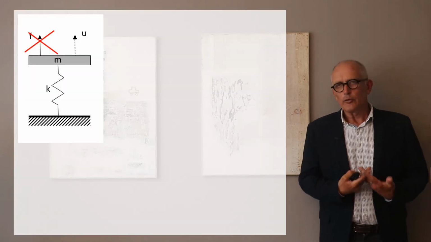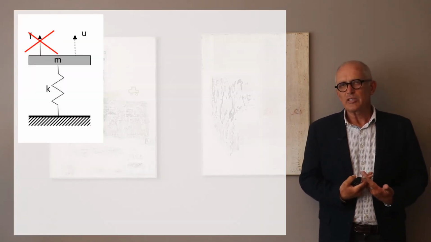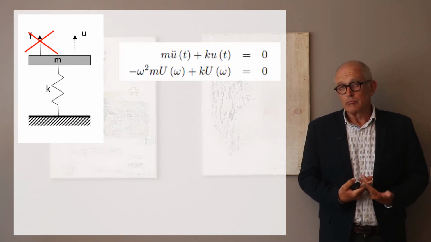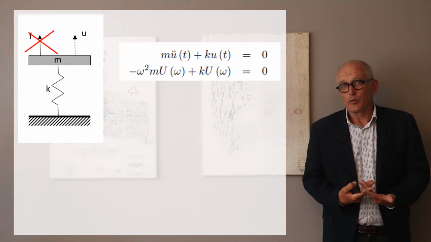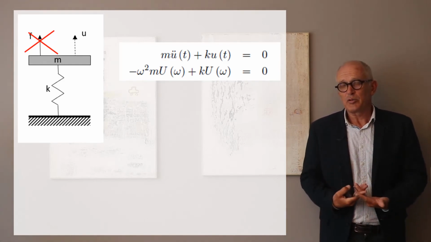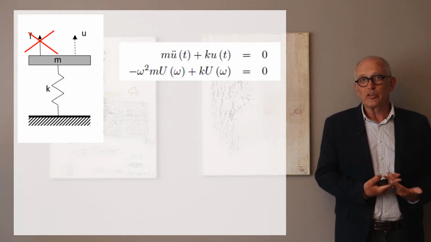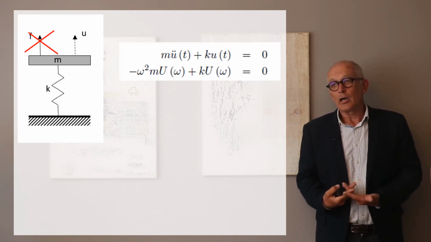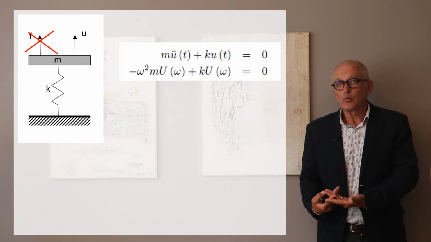But there is another way to look at resonances. Consider exactly the same system, but this time assume that there is no force. The equation just becomes m times acceleration plus k times displacement is equal to 0. And in the frequency domain, it gives (k minus omega square m) times the displacement spectrum is equal to 0.